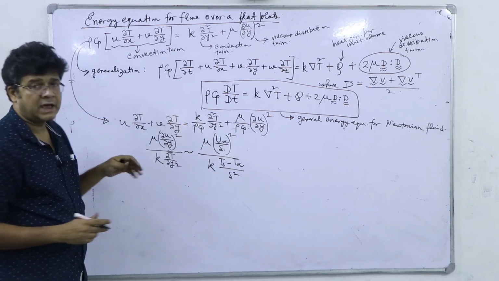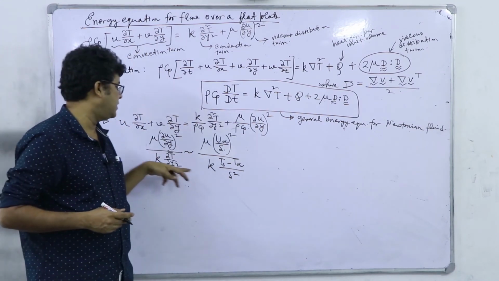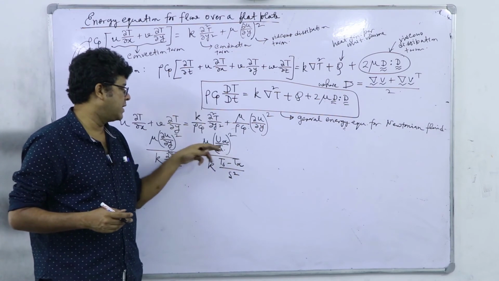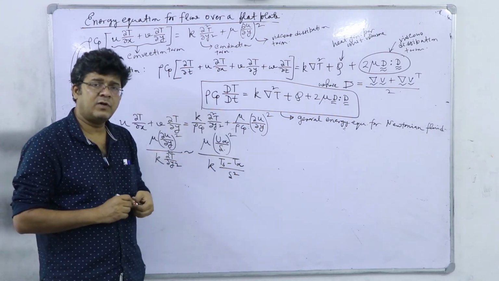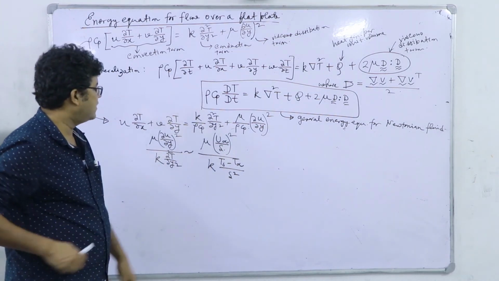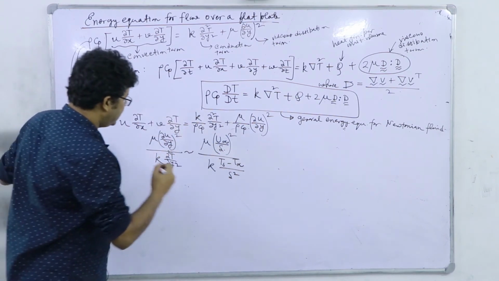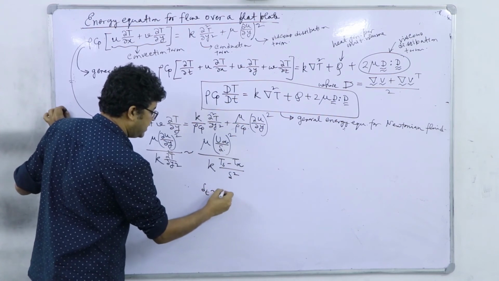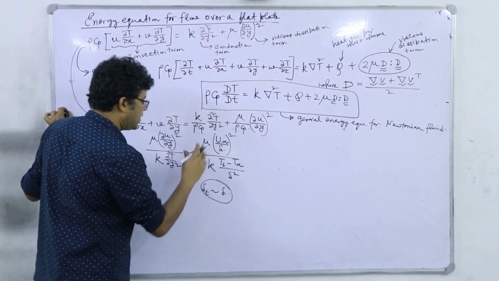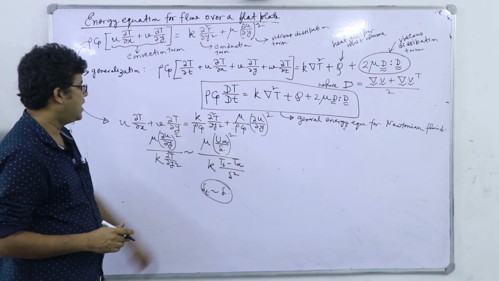Now I am not actually differentiating the thermal boundary layer and the hydrodynamic boundary layer. What I am writing here is that delta T and delta will be in the order of each other. Delta T is in the order of delta. Considering that, if I write, I will get this.